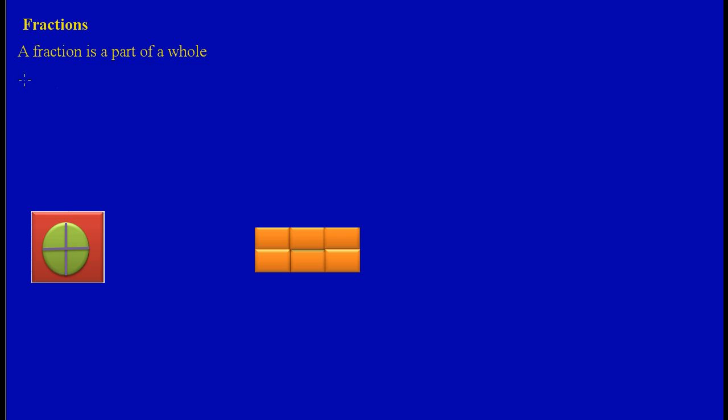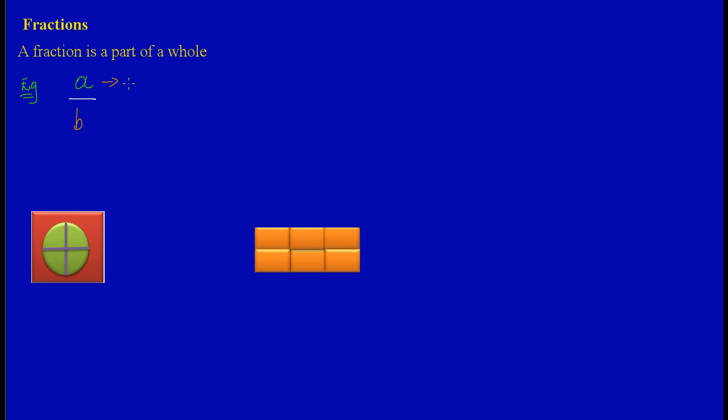Now, a fraction is really a part of a whole, and it is usually written in the form, for example, a over b, where this a here is called the numerator.